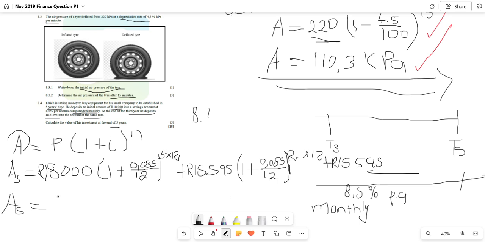This gives us an amount equivalent to 45,965.17 cents. This is the total amount that Ulrich will receive after a period of 5 years. Then we have covered the entire paper.